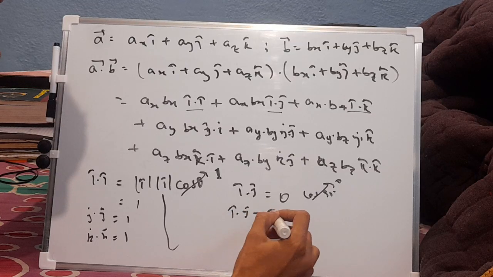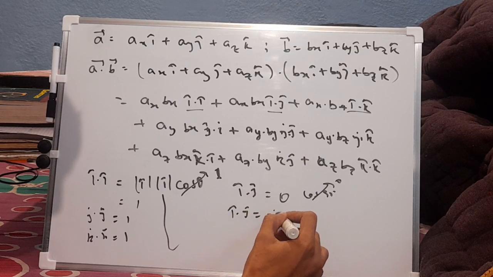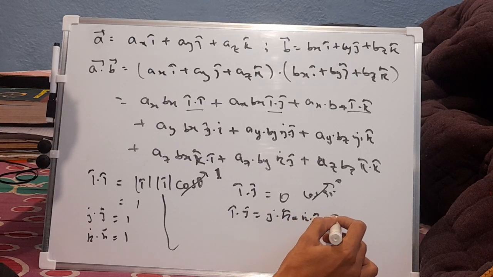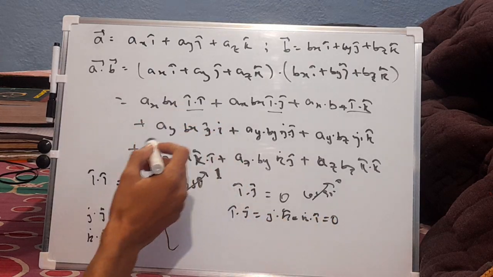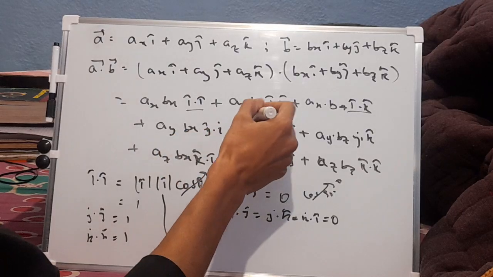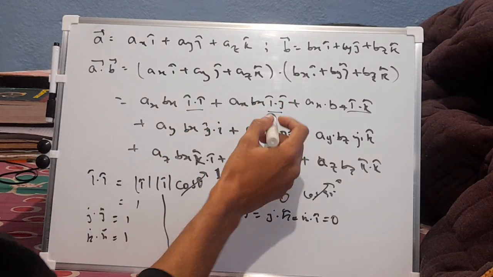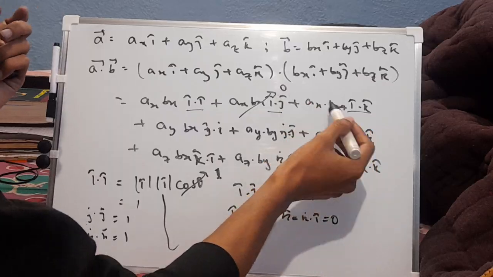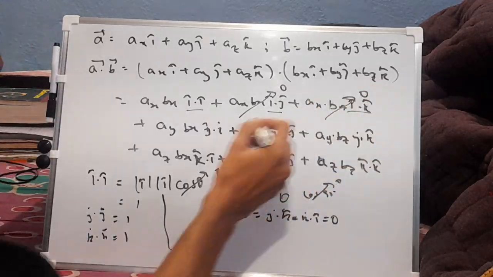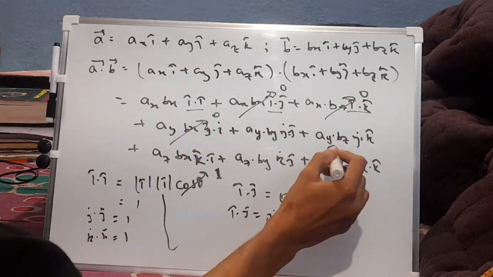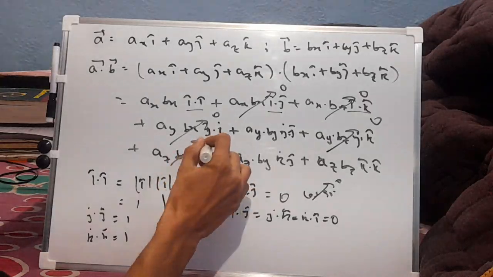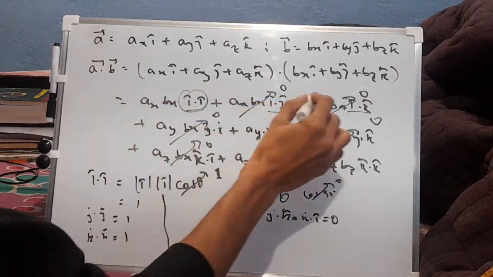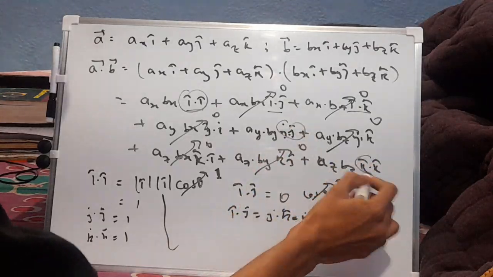i cap dot j cap equals j cap dot k cap equals k cap dot i cap, it would all result in 0. From here we can see that the terms with different unit vectors will be cancelled out. Like I am pointing out these terms, which will become 0, and these will result in 1, 1, 1.